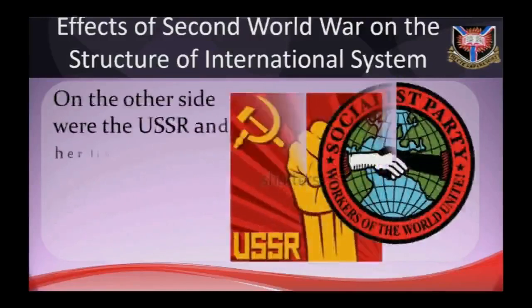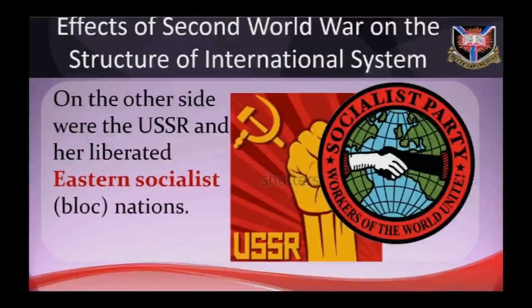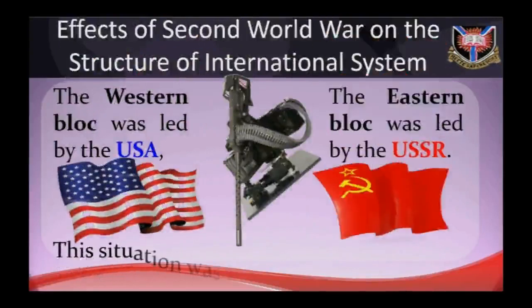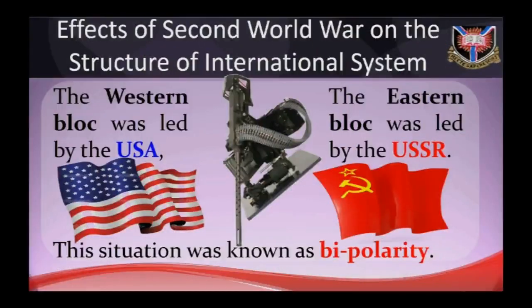On the other side were USSR and her liberated Eastern Socialist Bloc nations. The Western Bloc was led by the USA, while the Eastern Bloc was led by the USSR. This situation is known as bipolarity.